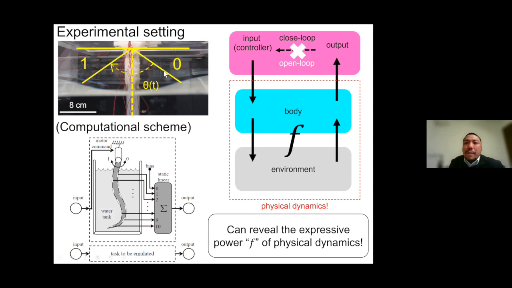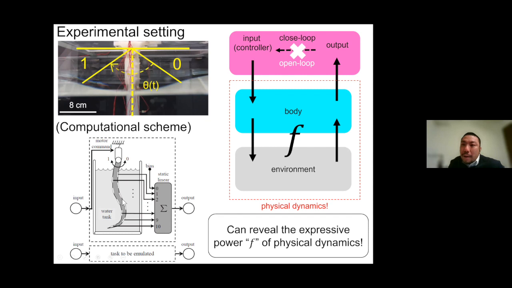And if the motor command says 1, then this motor should bring this base to the left-hand side. We implement binary input. And at first, we would like to demonstrate whether this arm part positively contributes as a computational resource.